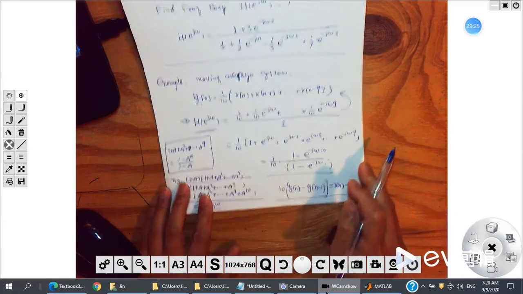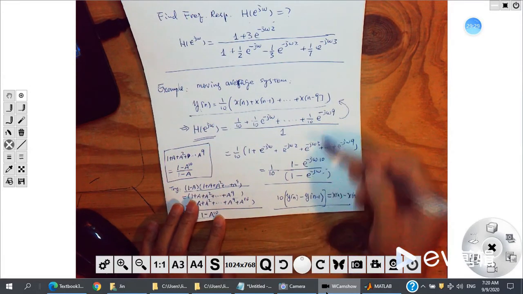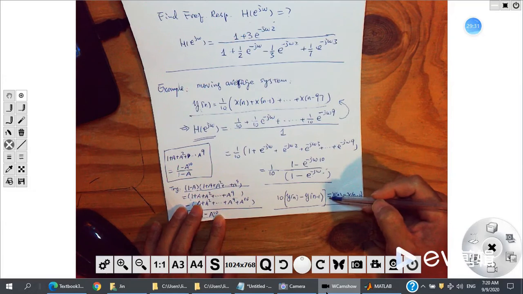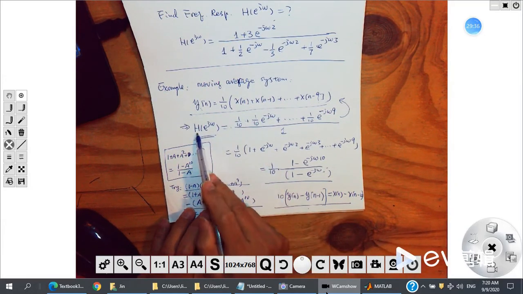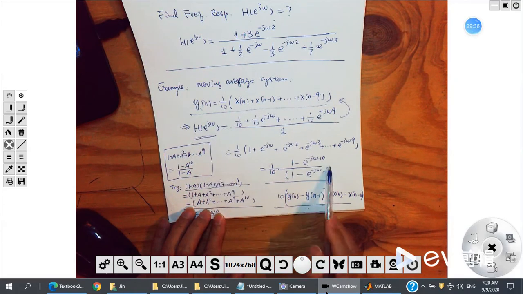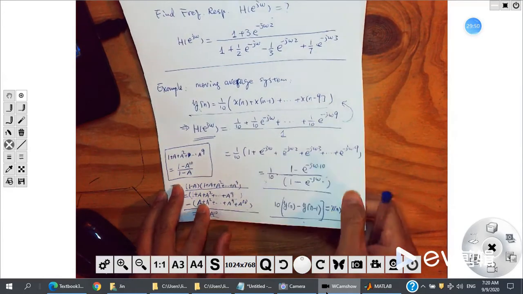You see? These two are different, right? We have two different equations, but they are for the same system, because if you go to the frequency response, they have the same frequency response. Then if you want to go to the impulse response, they will have the same impulse response. Alright, this is one example.